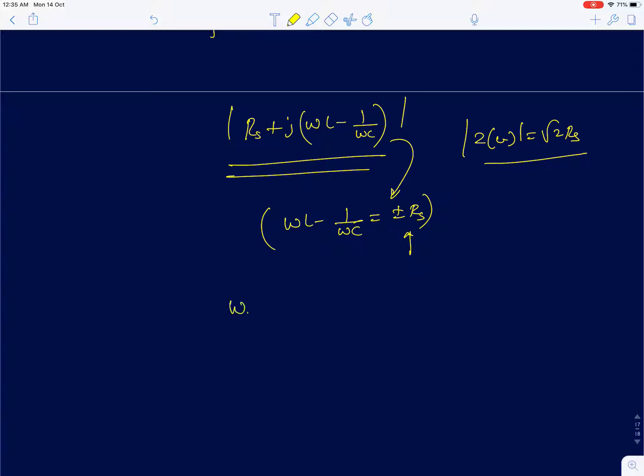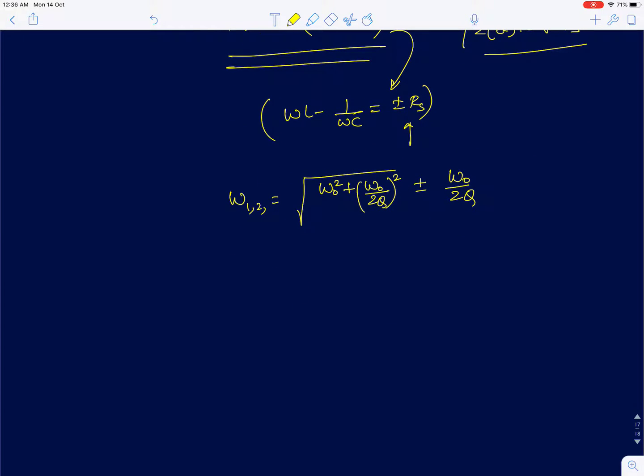So those two frequencies, I'll call omega 1 and omega 2. We can very easily show this: omega is the square root of omega naught square plus the quantity omega naught by 2Q the whole square, plus or minus omega naught by 2Q. Omega 1 uses the minus term, and omega 2 uses the plus term.